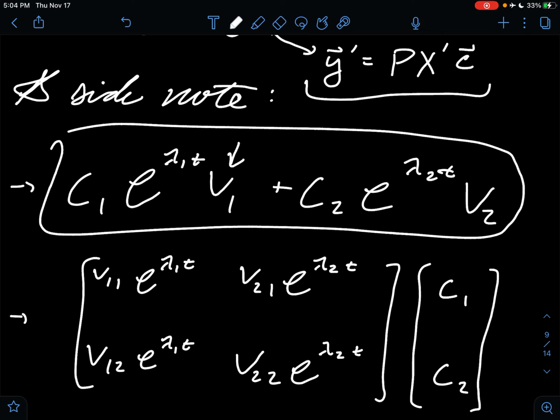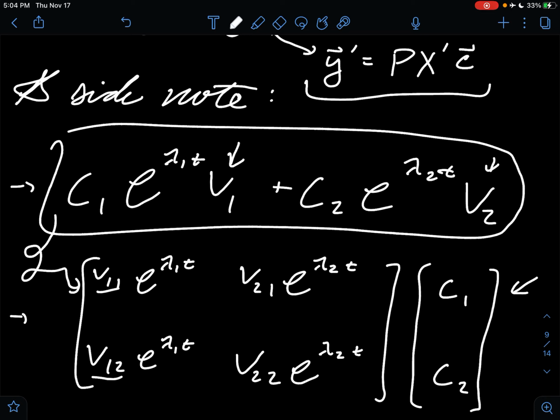Think of this as a two-dimensional vector for now. This is also a two-dimensional vector. Let's say I have solved some problem, not this problem, and I've come up with a solution that looks like this. Well, I can also write that solution as this matrix times this vector.